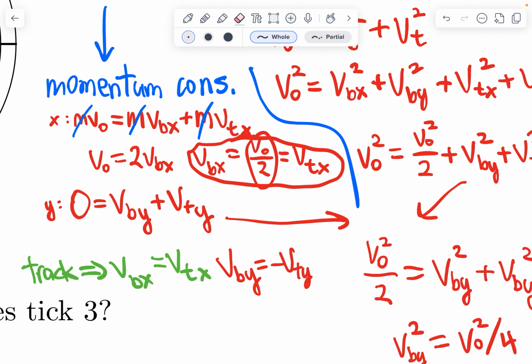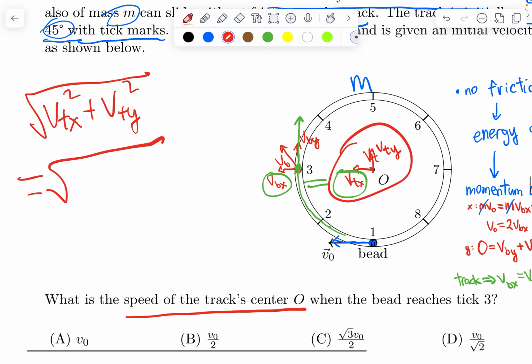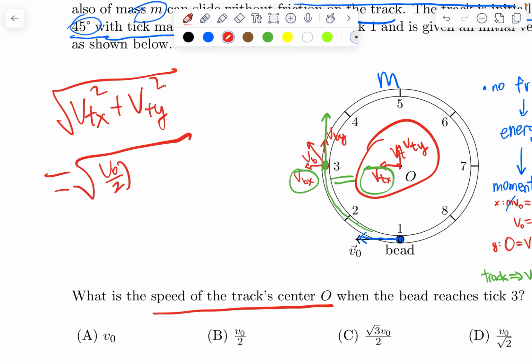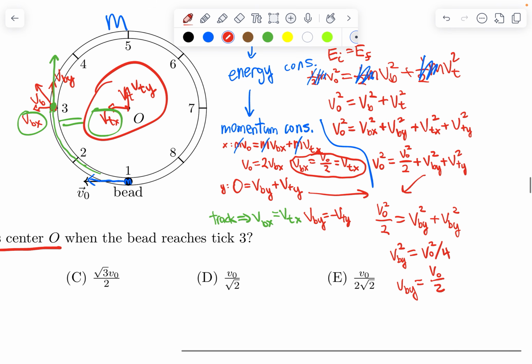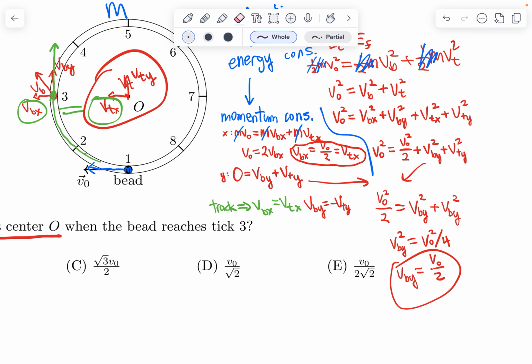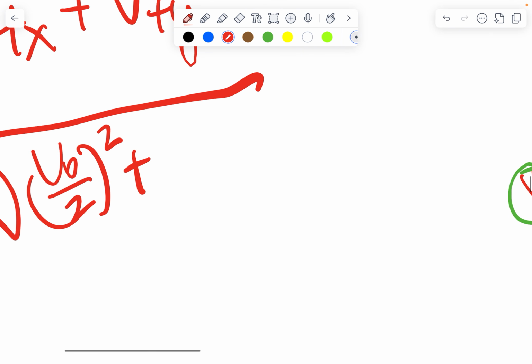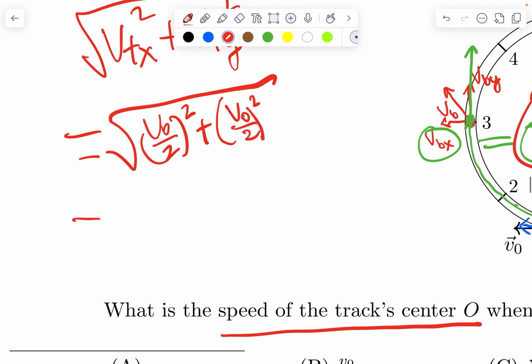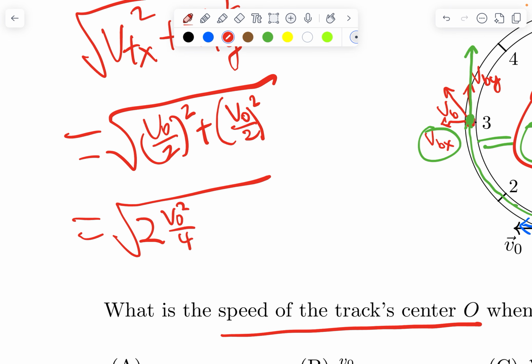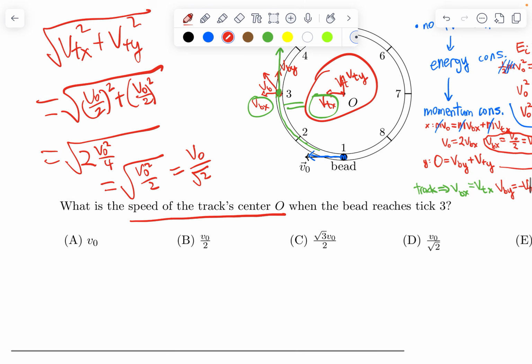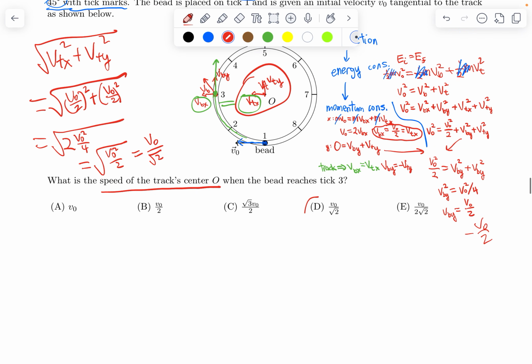It's v naught over 2, right? v naught over 2 squared plus vty, and vty is just negative vby, which is negative v naught over 2, but we can square it to get v naught over 2 squared, because negative times negative equals positive, and that gives 2 times v naught squared over 4, which is equal to the square root of v naught squared over 2, which is equal to v naught over square root 2. So that's going to be our answer choice, D.